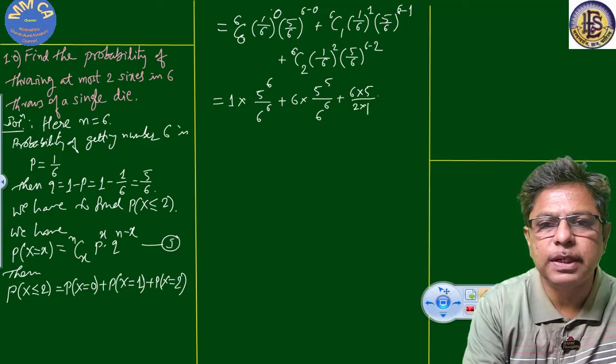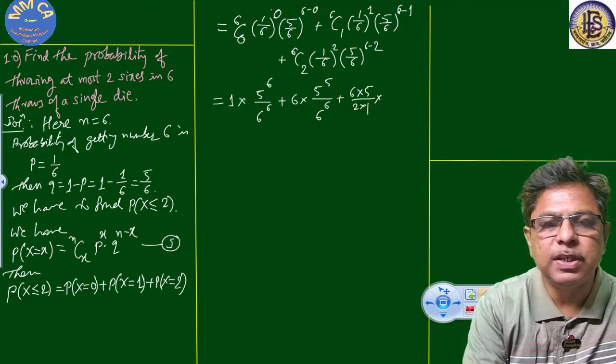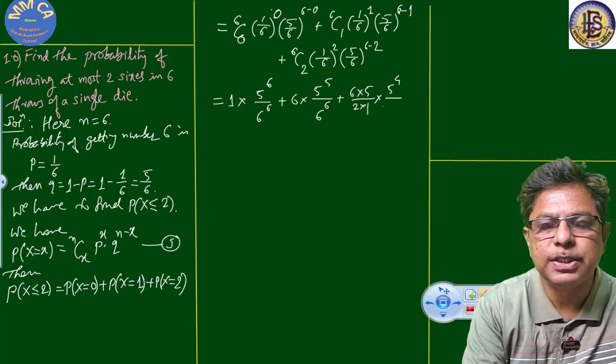The first term into numerator is 1 squared is 1, 5 raised to 6 minus 2, it is 5 raised to 4, and divided by 6 squared into 6 raised to 4. Again 6 raised to 6 is the denominator.